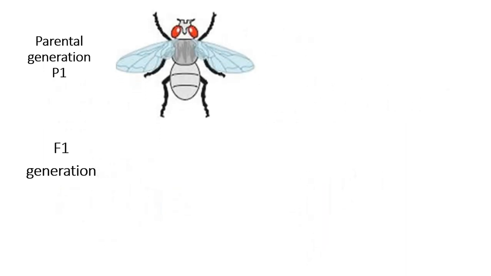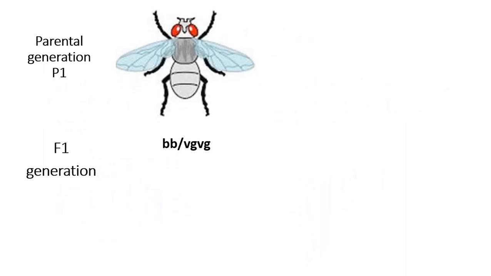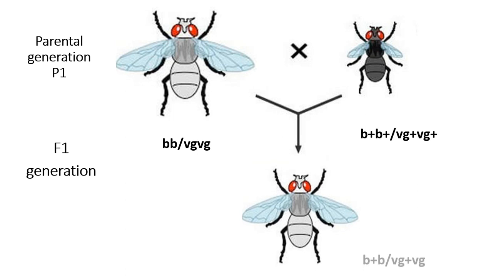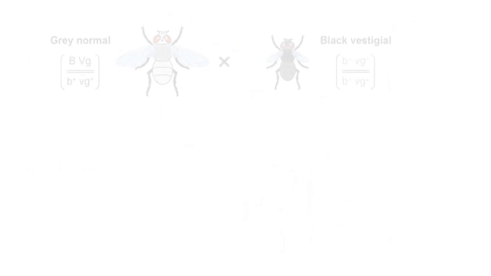So in the parental generation, when a true breeding gray body with normal wings is crossed with black body and vestigial wings, after fertilization all the offspring in the F1 generation are gray body and normal wings. The gray body and normal wings are dominant over black body and vestigial wings.